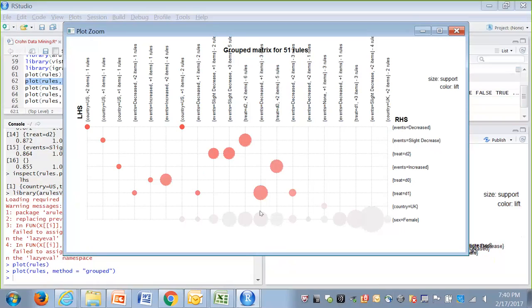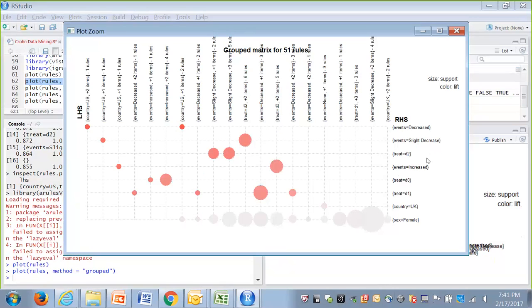And this one here. That's quite interesting from a particular rule perspective. We see treatments on this side and our rules on that side. And we can look at events that have increased. But what we see is the correlation with D0. Huh. Quite interesting from that perspective.